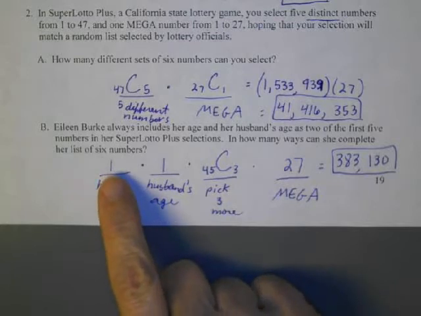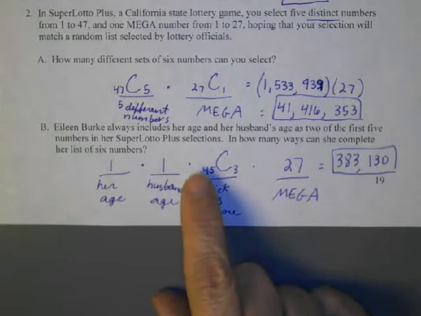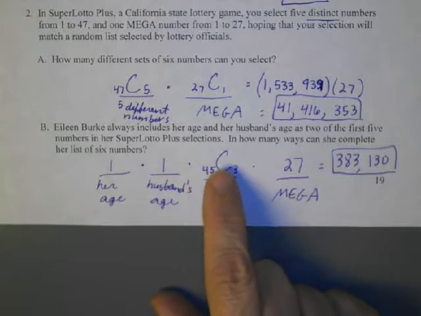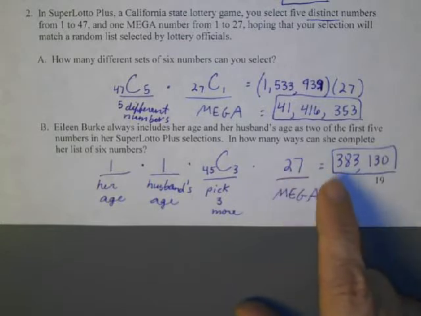Now the reason why that's a 1 is because we all have a set defined age. Her husband's age is a different number, and then of the 47 numbers there are 45 left and we need 3. The mega number is separate of all of that and there are 27 choices. Finding all that with our calculator, we get to our answer.